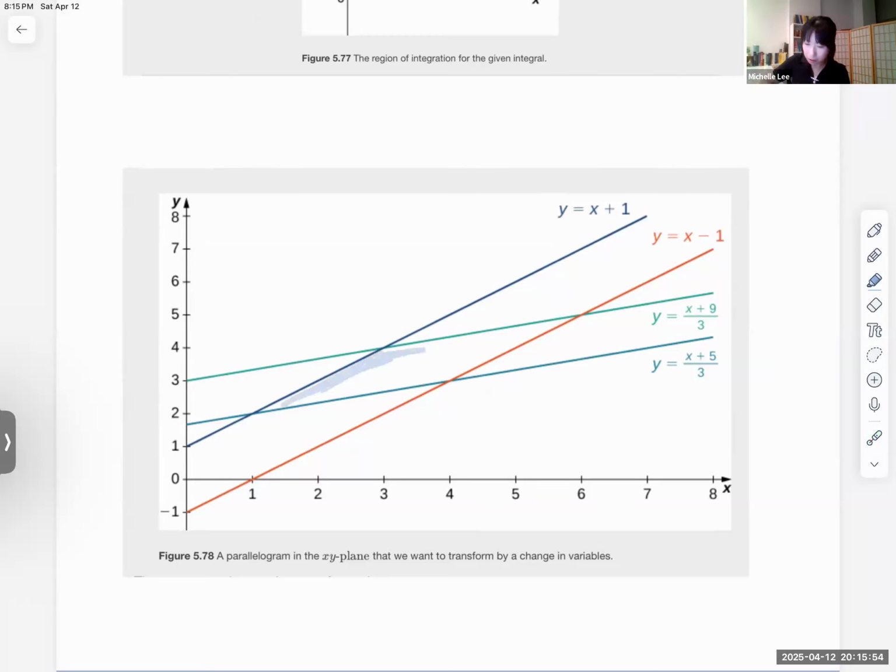So let me just use it here. Okay, so let's take a look, y equal to x plus 1, that line equation, right? Can you see that? Yeah, so y-intercept equal to 1, right? And then slope is 1. And the orange one, y-intercept is negative 1, slope is 1. This is the green one here, right? So y-intercept equal to 3. Then the slope is 1 over 3.